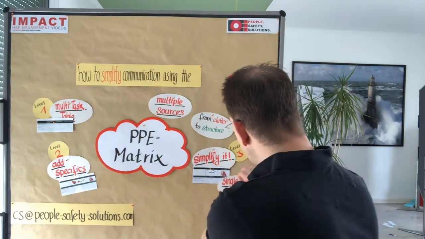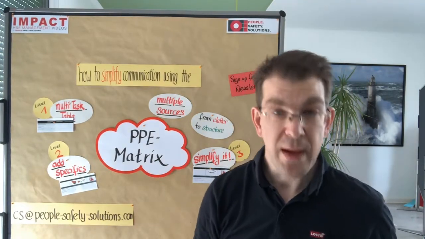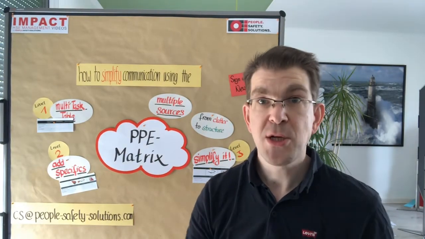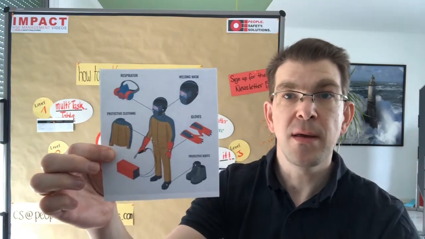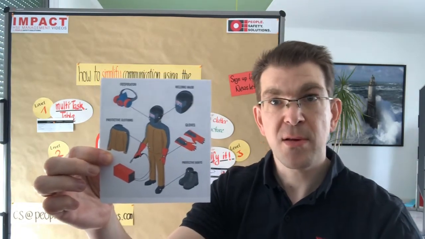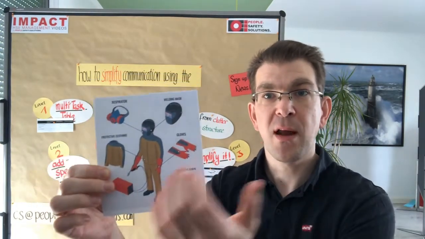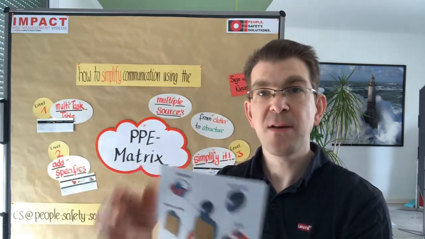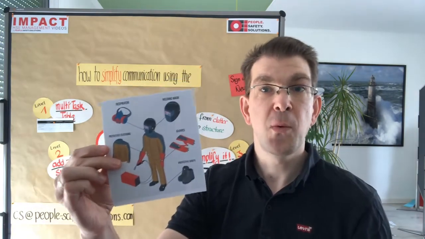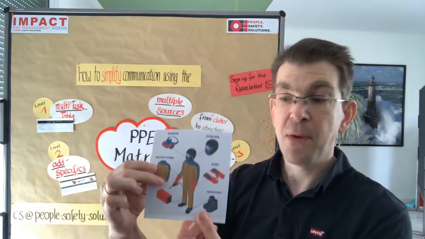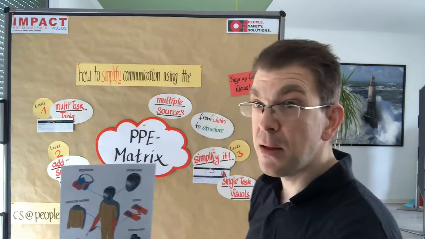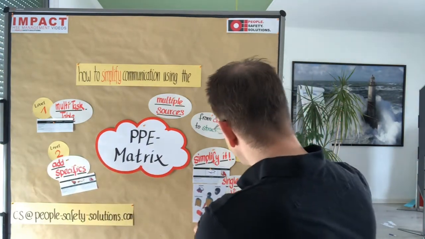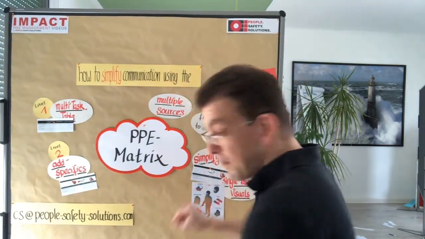If you have only one set of PPE, you might want to opt in for a different way to communicate about it, which is like this one here, where you have a single task description showing the person what kind of PPE is required for this specific task, for this workstation, and if it doesn't change over the day for the different tasks, I think this is a very sufficient way how to describe what has to be worn in this environment. Putting it up here.